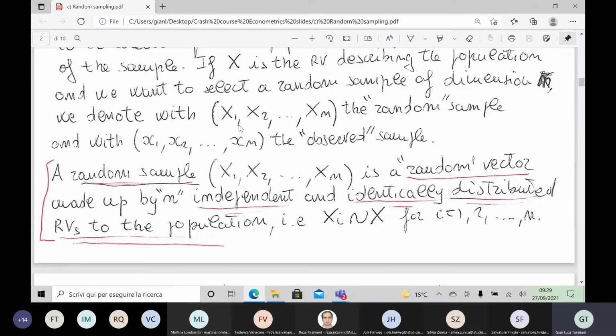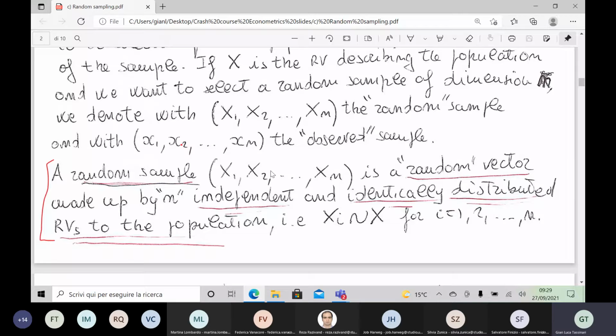So what you have to remember at the end of the story, this very important property, is that a random sample, that is the sample before having selected it, is a vector containing n random variables which are independent. So x1 is independent with respect to all the other random variables, x2 is independent with all the other random variables, etc., and they are all identically distributed to the population.